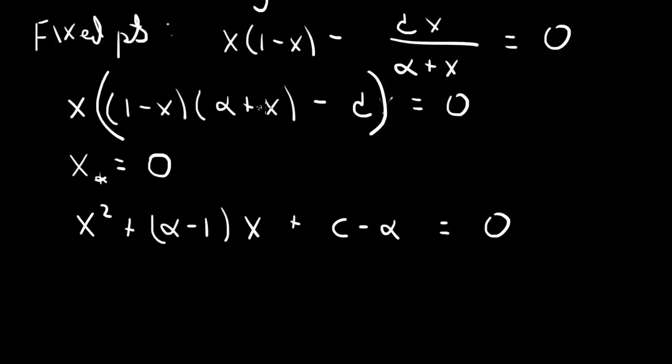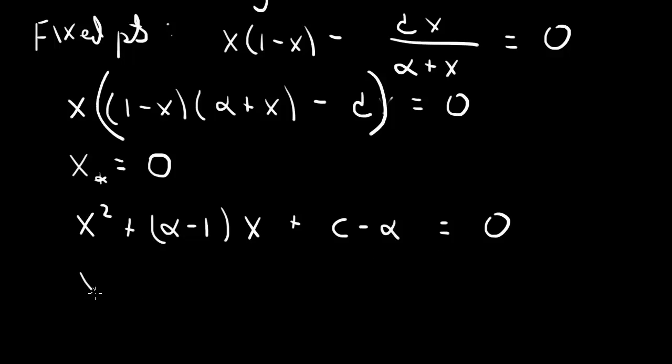So the minus x squared became a plus x squared, the 1 minus alpha becomes an alpha minus 1, and the plus alpha becomes a minus alpha plus c. Okay, so this is our quadratic equation.